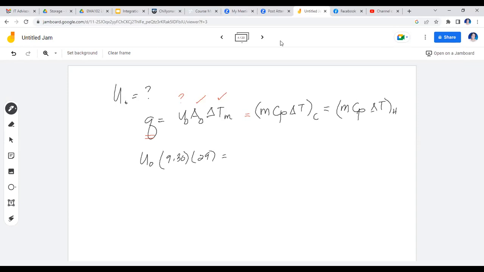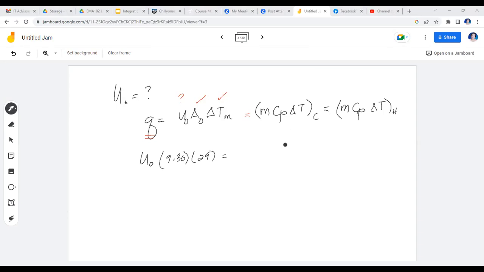Okay. The mass flow rate of the cold is the given. Very good. We don't have the mass flow rate of the hot water that was used as the heating medium. What we're given is the mass flow rate of the cold water. So that's the reason why you're using MCP delta T of the cold water.